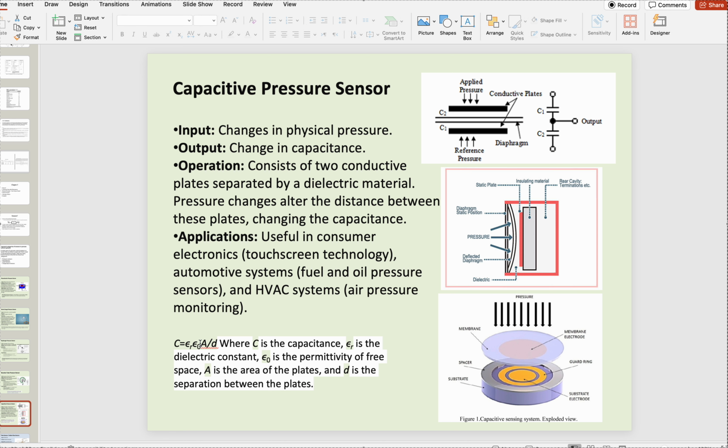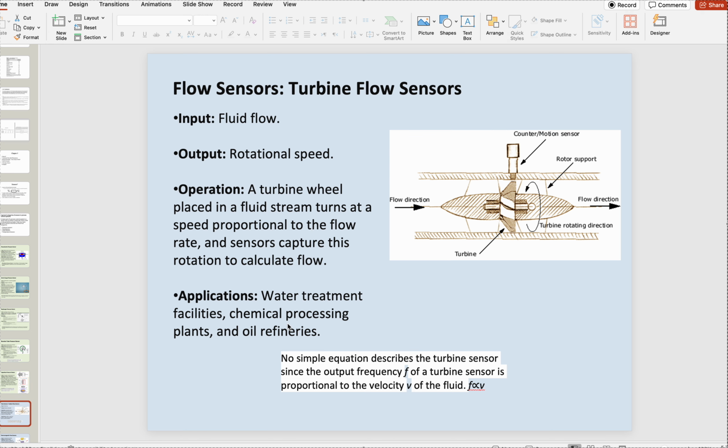Again, the capacitive depends on the dielectric constant ER and the permittivity of free space, epsilon naught. A is the area of the plates, and D is the separation between the plates, the distance between them, and so on.